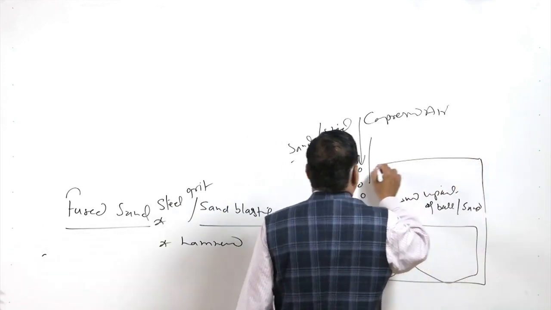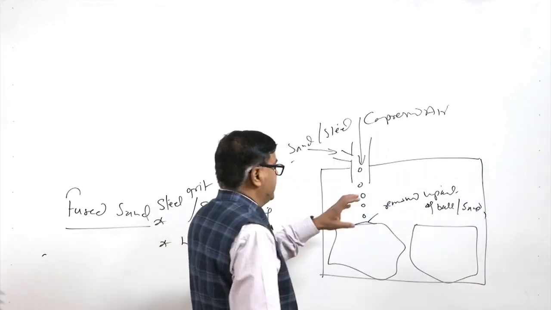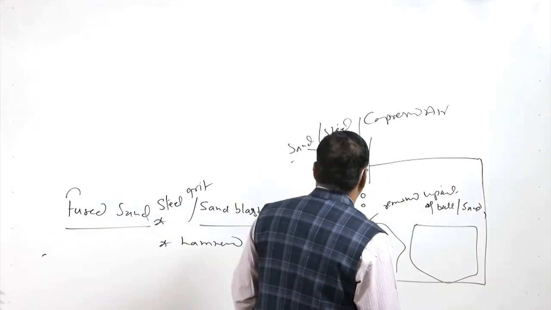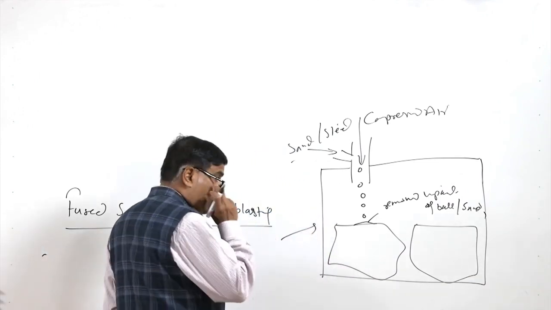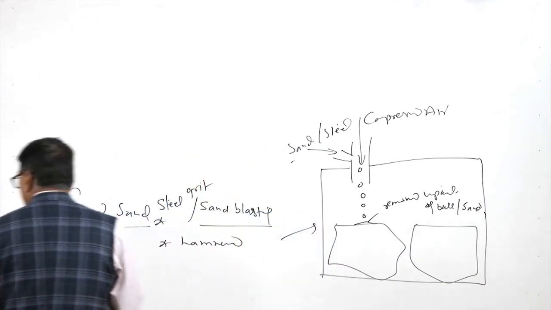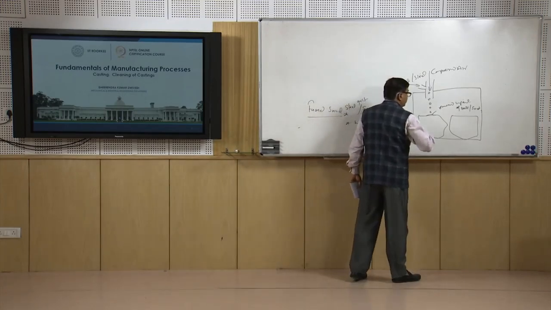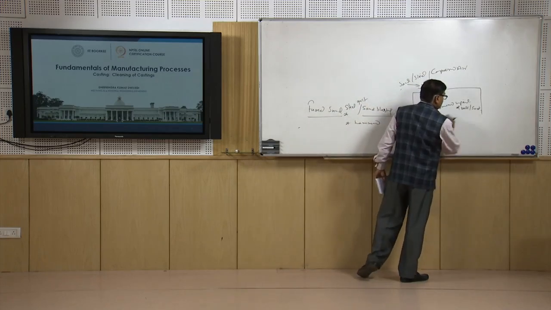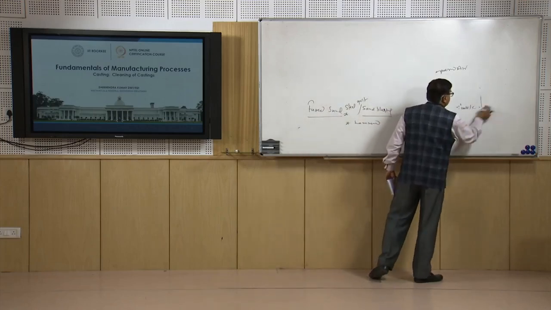The chamber is basically closed, so that whatever dust, dirt, everything which will be flying here and there, that will be within the enclosed chamber. But care is taken that the operator who is working in the sandblasting is protected properly in order to avoid any kind of harm to the worker or the operator who is involved in the sandblasting.